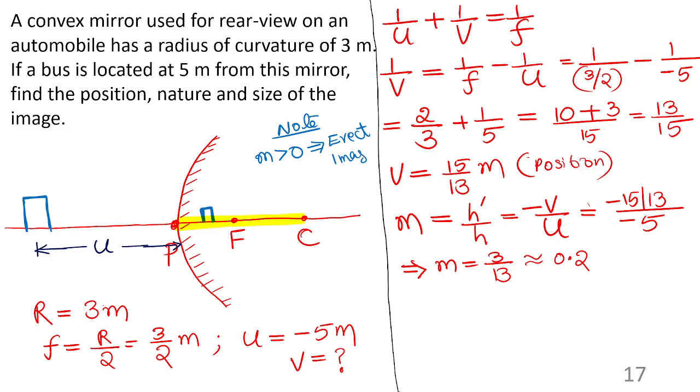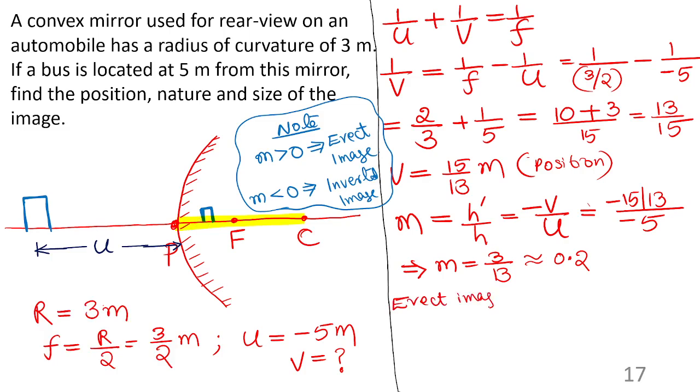Magnification negative means inverted image. Magnification positive means erect image. I got magnification positive, so I got an erect image. Not an inverted bus, it is erect.